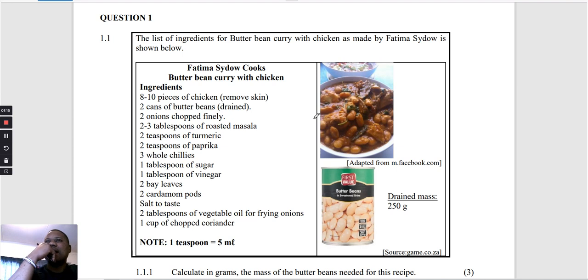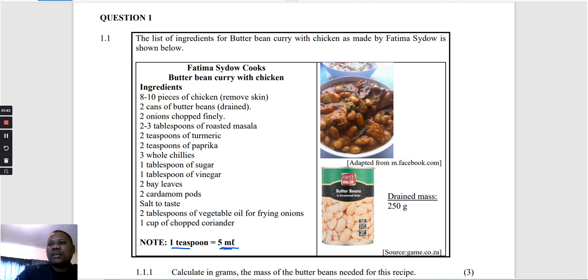They have to use 8 to 10 pieces, 2 cans of butter beans, 2 onions chopped, 2 to 3 tablespoons of the roasted masala. Then we have all of them there. I can't read all of them there, obviously, I'm going to waste time.